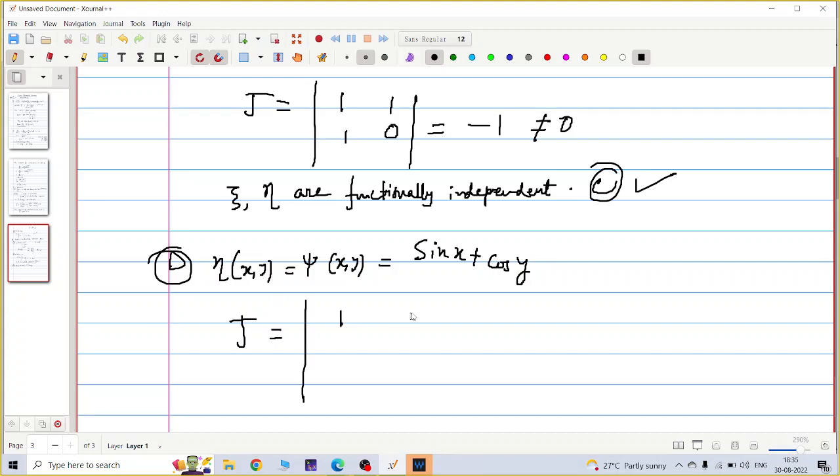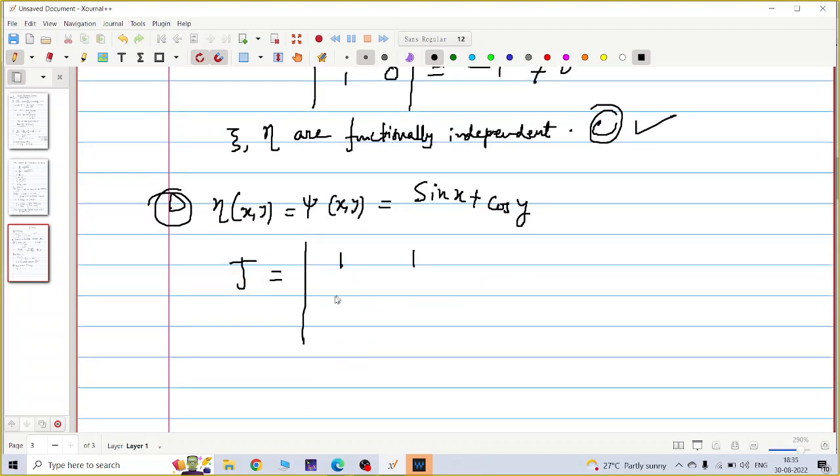This is 1, 1, fixed, xi x, xi y. What is eta x? Is it okay, what I wrote? Ravi or Shashank? It's okay. Yes, sir. Correct, sir. So I am saying the Jacobian is this, that is minus sin y plus cos x.